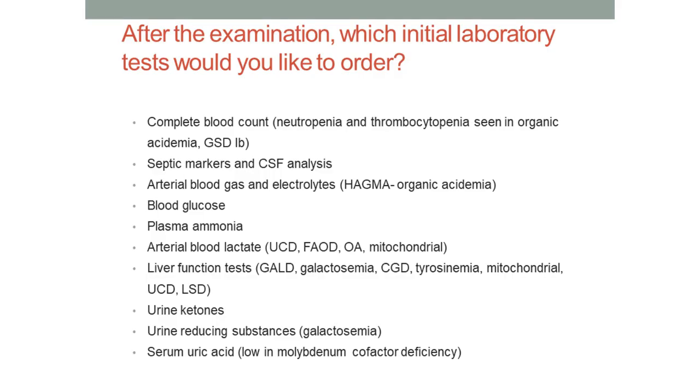You have to send septic markers, which include your CRP, your peripheral smear for toxic neutrophilic granules. It also includes your procalcitonin, which in some centers can be easily done. Blood culture, urine routine microscopy, stool routine microscopy if loose stools are there. So septic markers have to be done, and CSF analysis if any neurological symptoms are there in the form of encephalopathy or seizures.